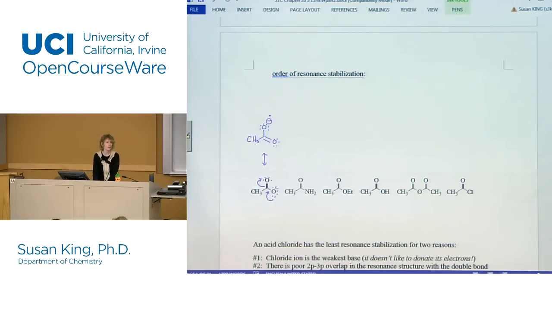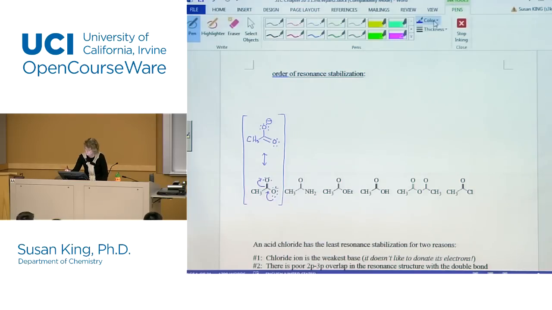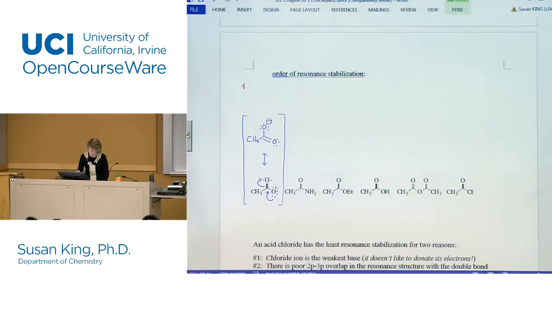Both have identical energy. So it makes good sense that this one is going to be the most resonance stabilized, with two equivalent resonance structures.